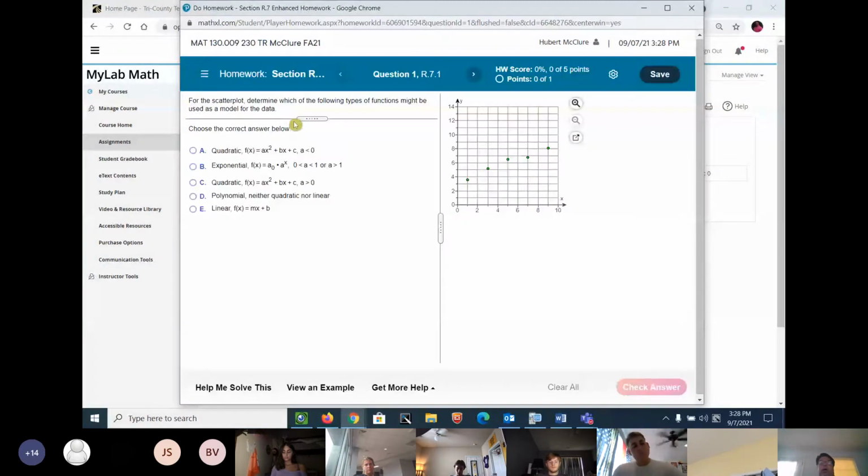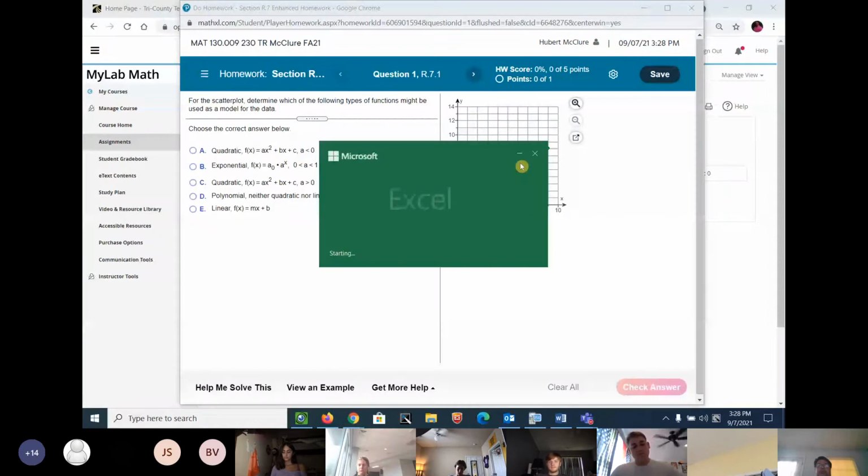Okay, that's a scatter plot. It might be used for a model. When you do one like this, let me find one you can put in your TI-84, or I can put it in the spreadsheet. I'm going to put it in the spreadsheet and show you how to use the modeler in your spreadsheet if you have one.